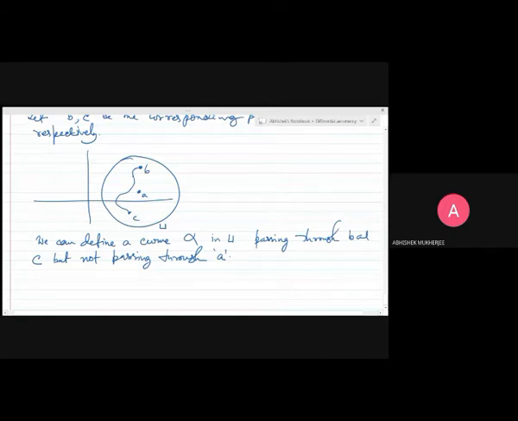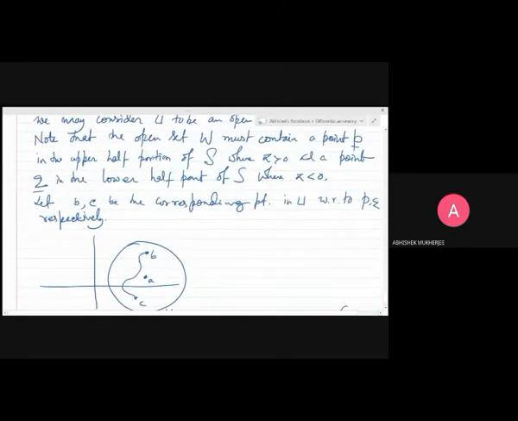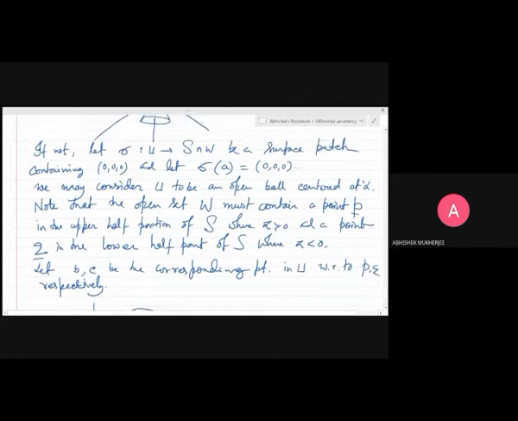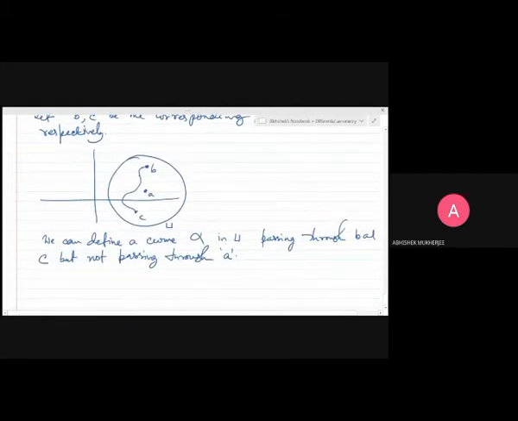Now if you impose sigma on this path, this is your alpha.